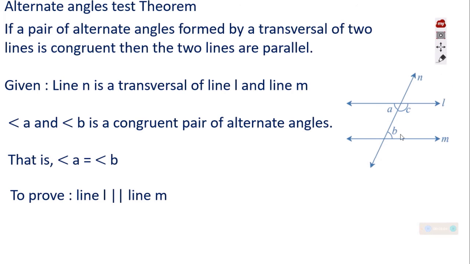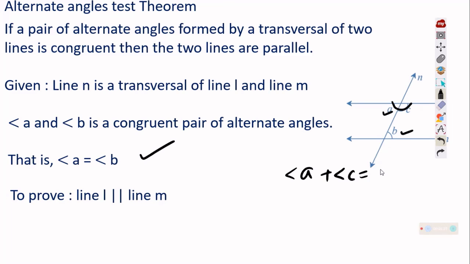For that sake, we have certain things over here. We can say that, for example, these are given as equal, correct? And this angle is a linear pair. That means angle A plus angle C is equal to 180.